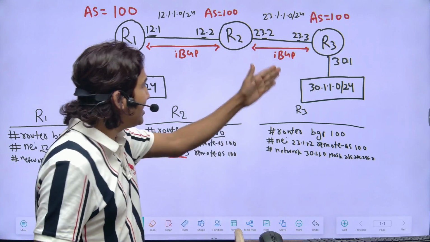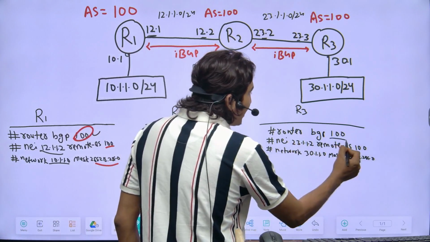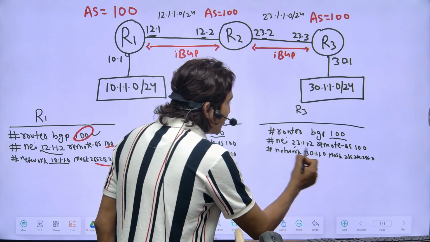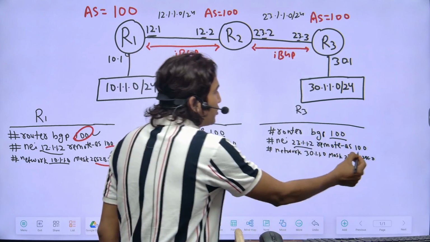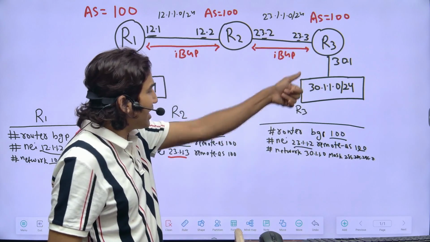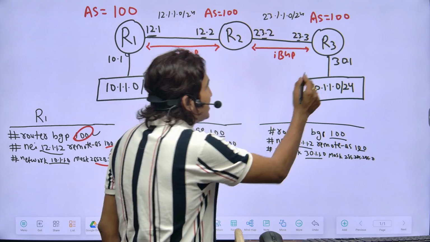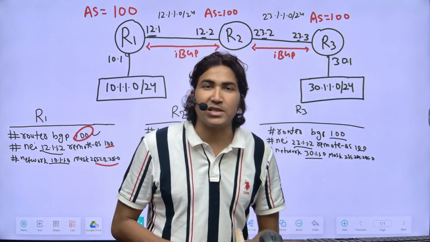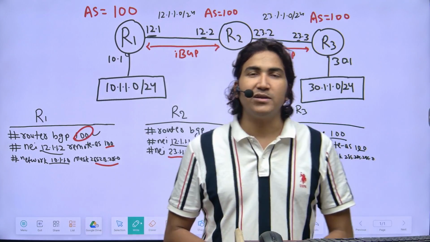And on R3, again router BGP 100 enables BGP AS 100, and neighbor 23.2 (R2) remote AS 100, so it forms an IBGP neighborship. Then I am advertising the LAN subnet in BGP, so R3 will also install 30.1.1.0/24 in its BGP table.